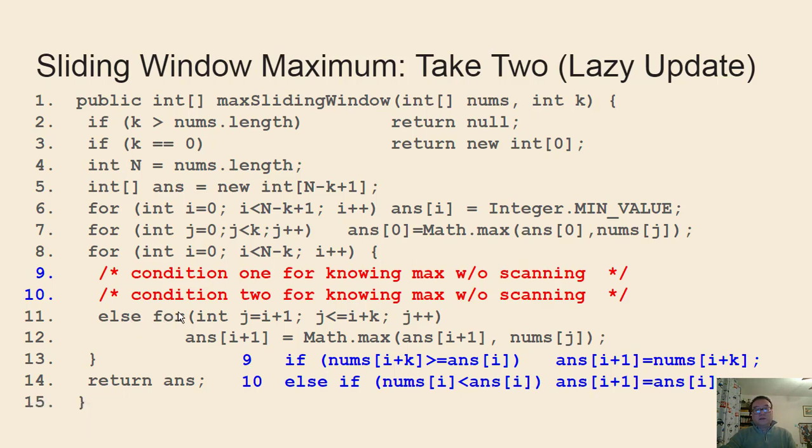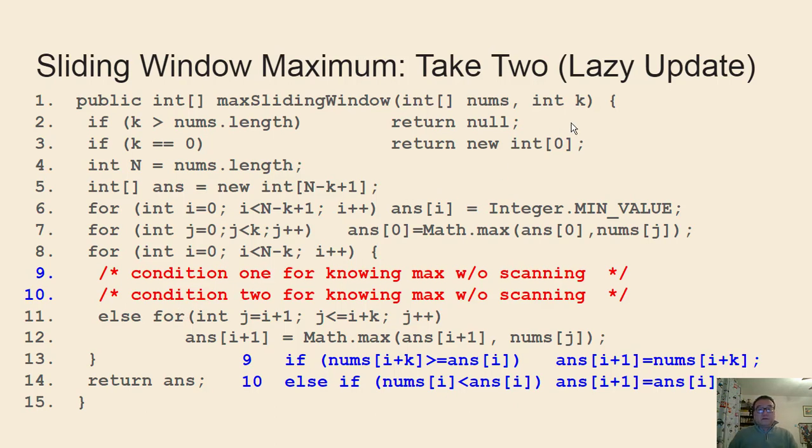Otherwise, that means the new number is smaller than the old max, and the number that just slid out of the window is actually equal to the max. In that case, I will scan through the window to find the max.